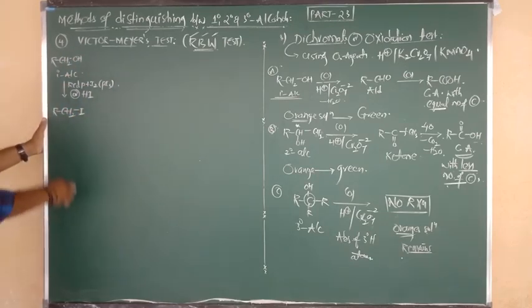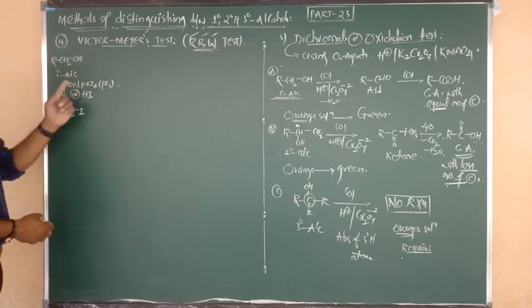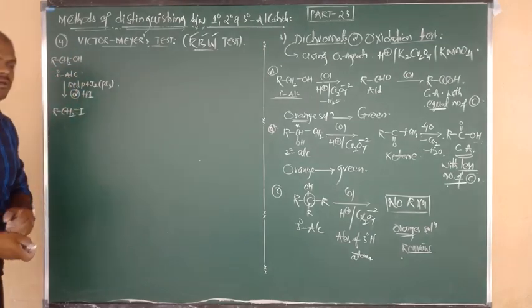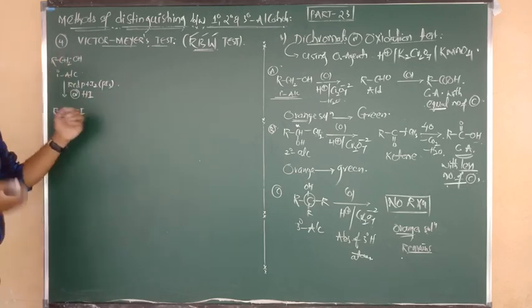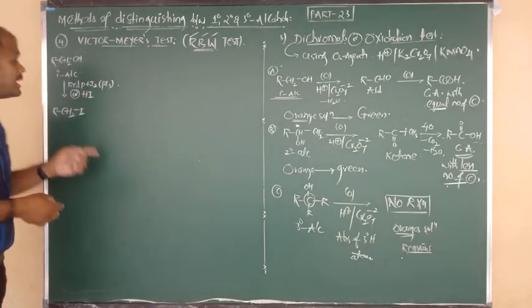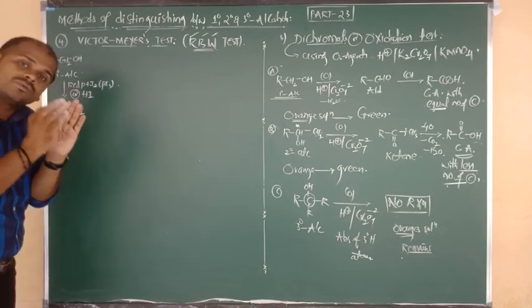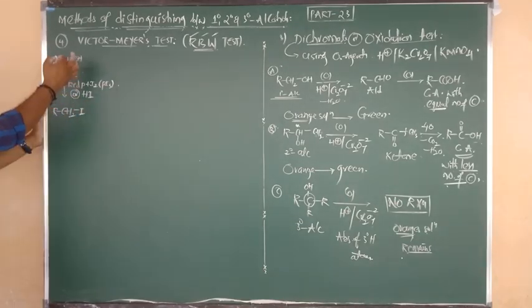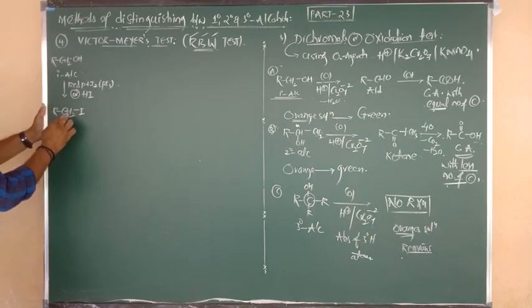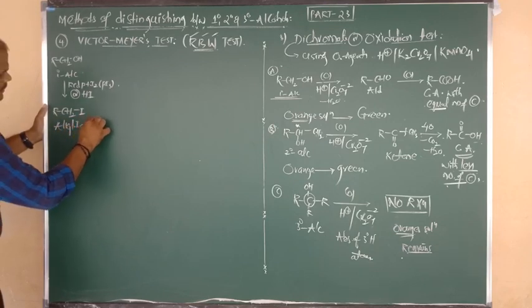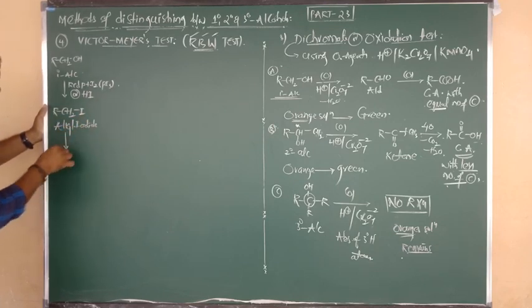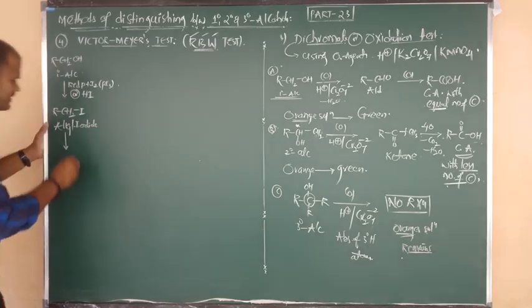So primary alcohols on reaction with red phosphorus plus iodine, or PI3, or HI, any one you can write above the arrow as you wish, give the product alkyl iodide. What product are we getting? Alkyl iodide.